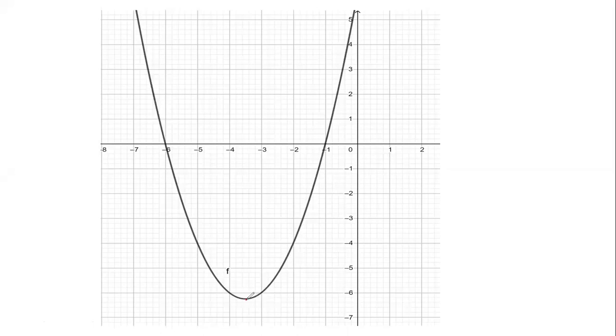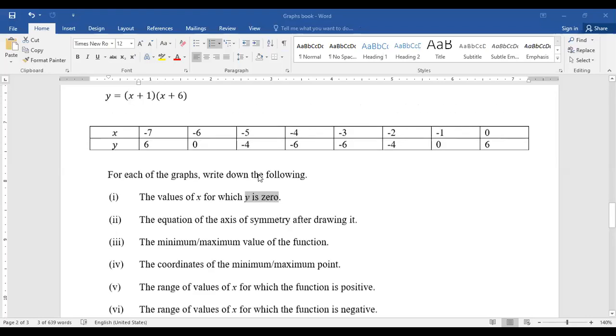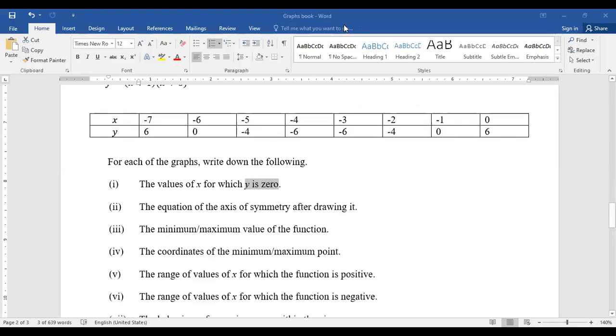So this is the minimum value, that is negative 6.2, or negative 6.3, right? Then I also answered Roman number 4, that is the coordinate of the minimum point, so that also I explained to you, right?